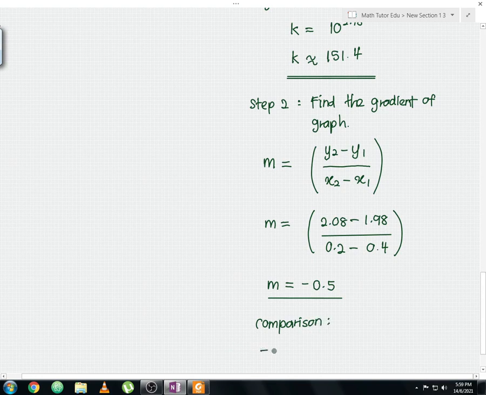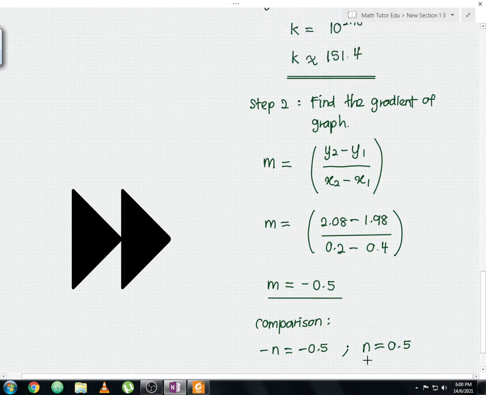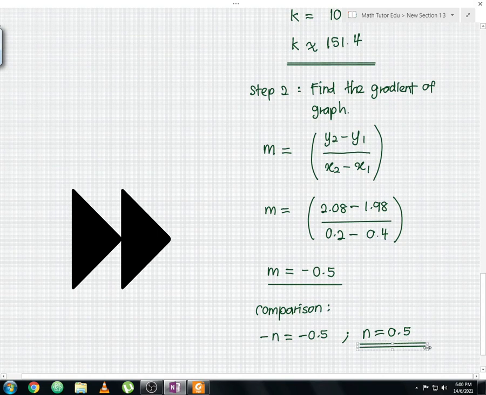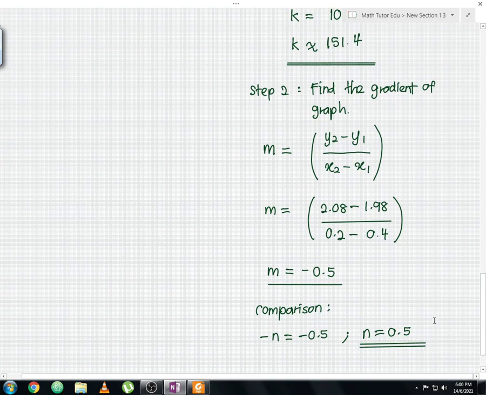Your negative n is equals to negative 0.5, and therefore you should get your n is equals to 0.5. So this is your final answer, guys. Let me underline the second solution.